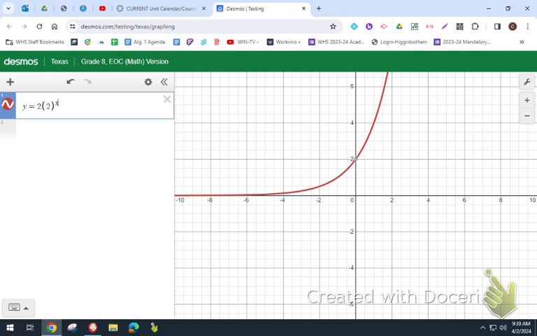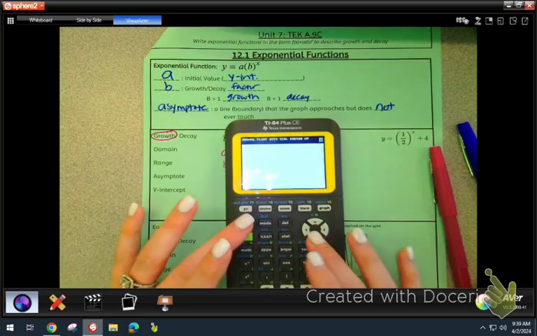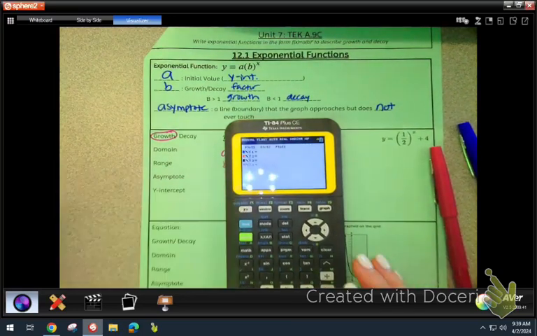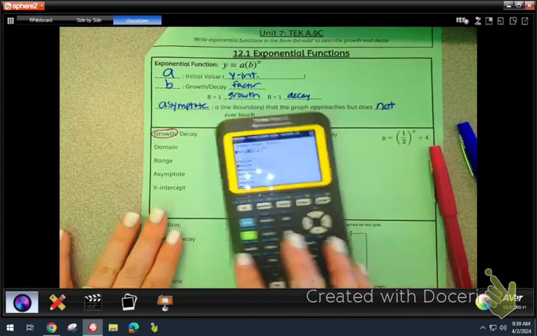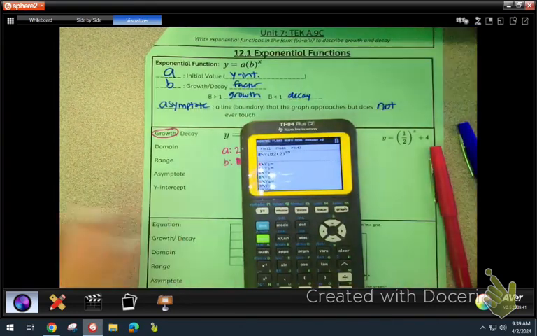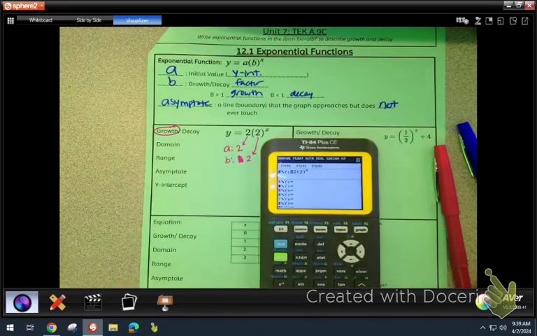I also want you to grab your calculator and put this in y equals in your calculator screen, just so you can see that Desmos is great. The calculator is great as well. I need to make sure you know how to type in both. The same equation, the same y equals. First clear. 2 parentheses 2 close parentheses.